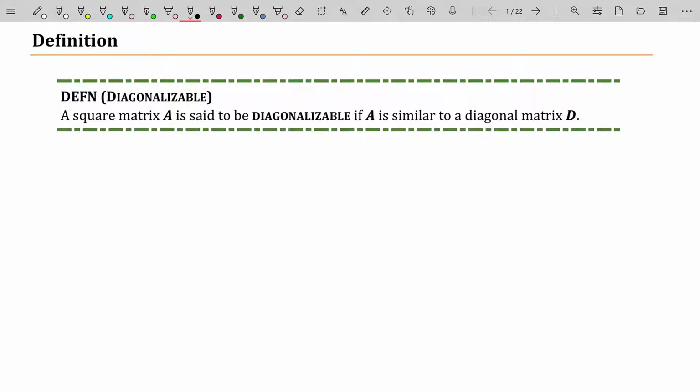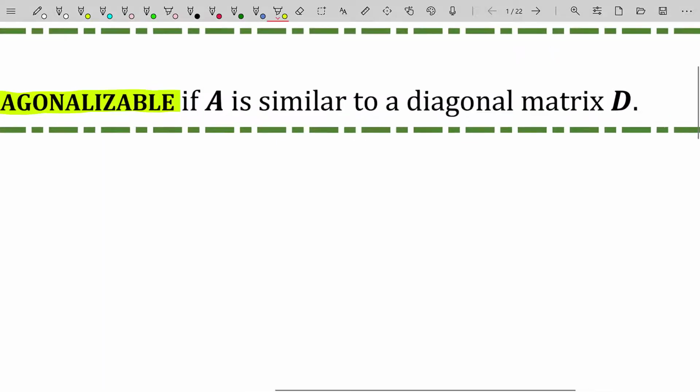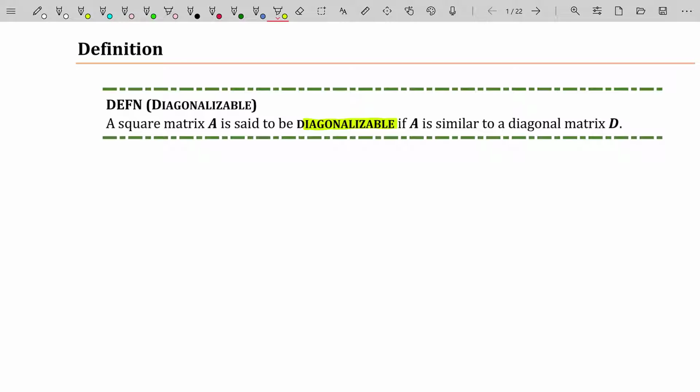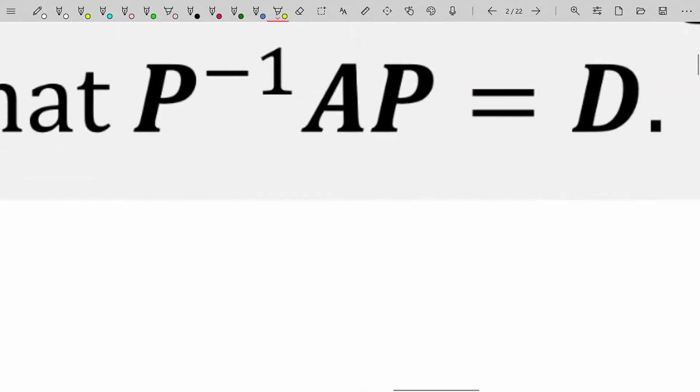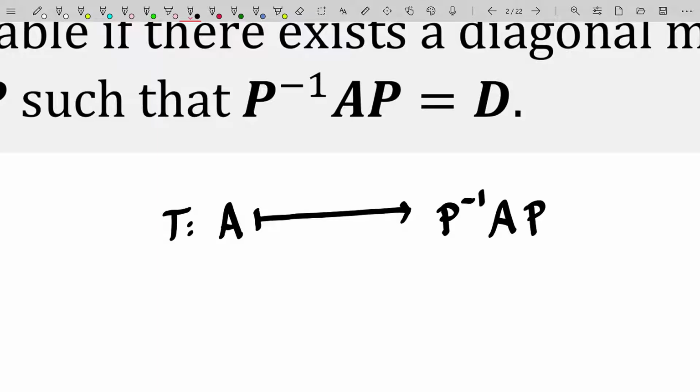So what does it mean for a matrix to be diagonalizable? Well, a square matrix is said to be diagonalizable if it is similar to a diagonal matrix. You should remember what it means for a matrix to be similar to another matrix. It's the same as saying there must exist an invertible matrix P such that A gets transformed into a diagonal matrix via the transformation P inverse AP.